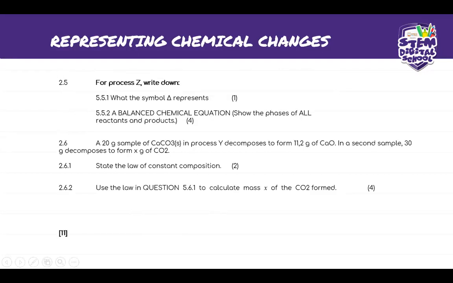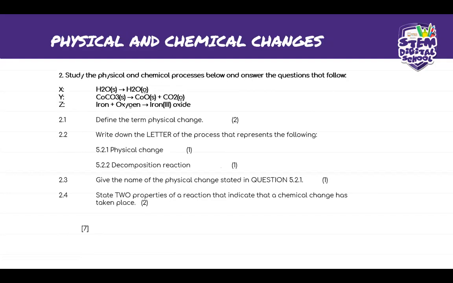For process Z, write down 2.5.1, what the symbol triangle represents, and 2.5.2, write a balanced chemical equation. Show the phases of all reactants and products. So then we have our iron, our oxygen, and our iron oxide.